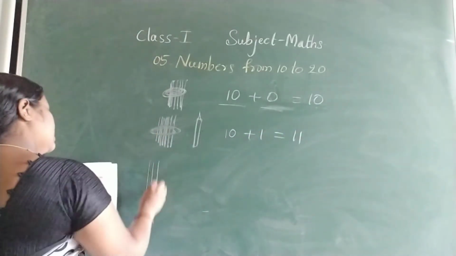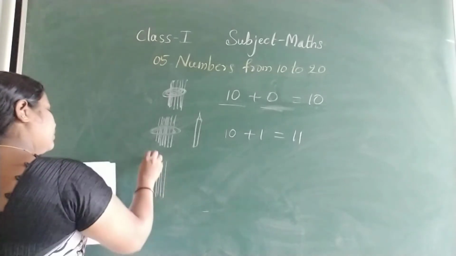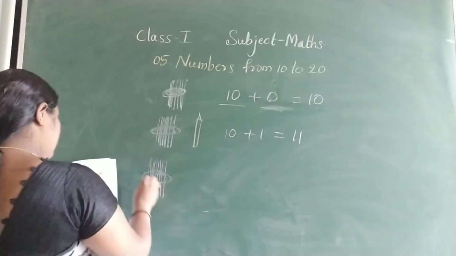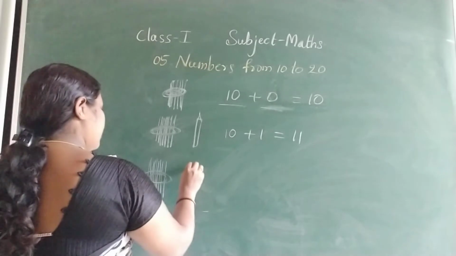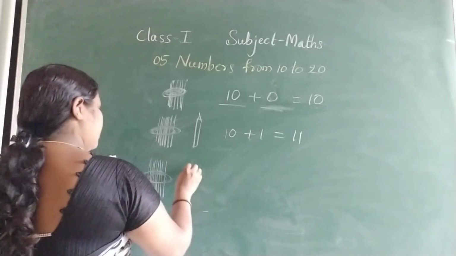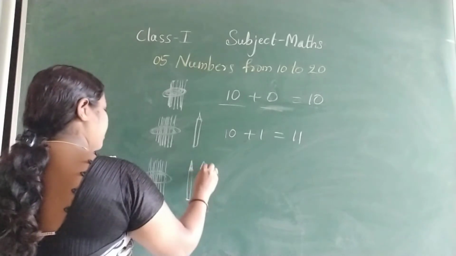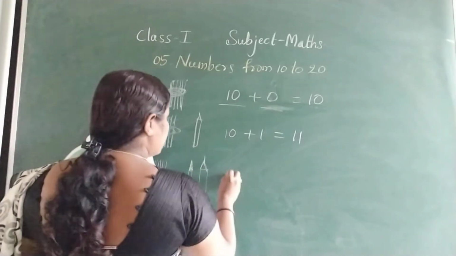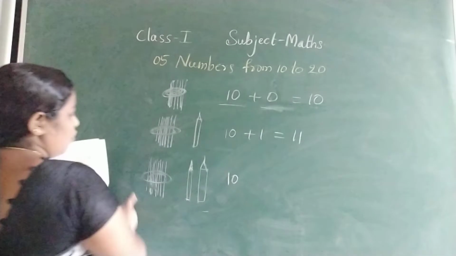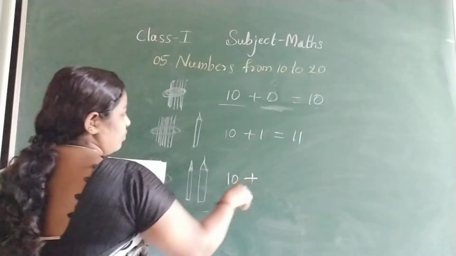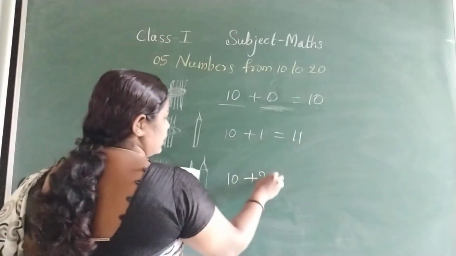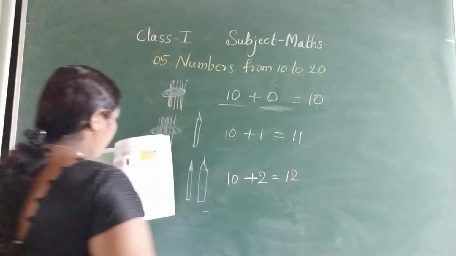Next, this is one bundle of pencils, so this is 10. One bundle means 10, plus 2 pencils individually, that is 12.